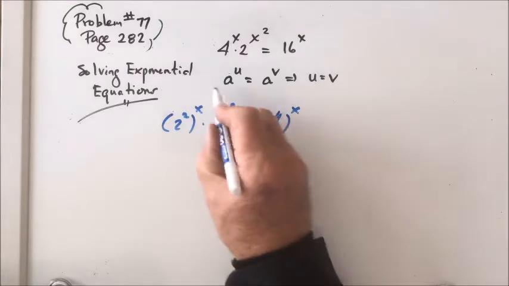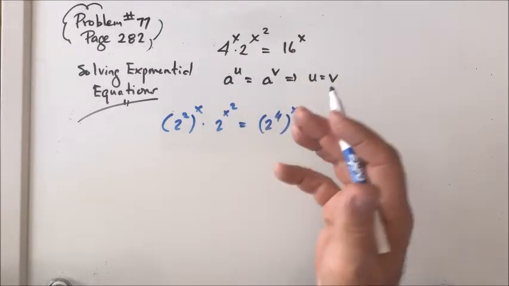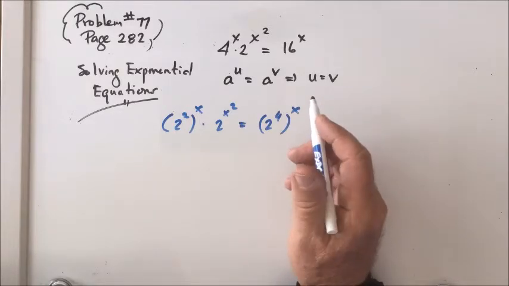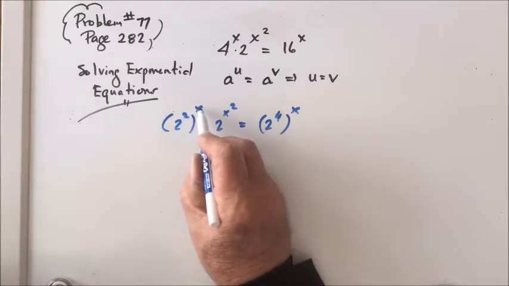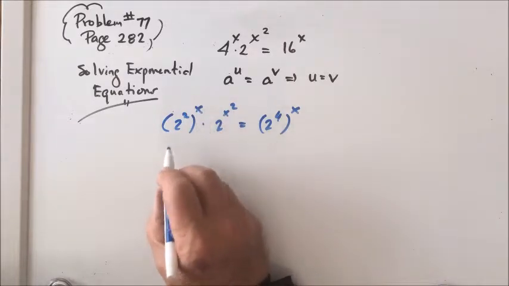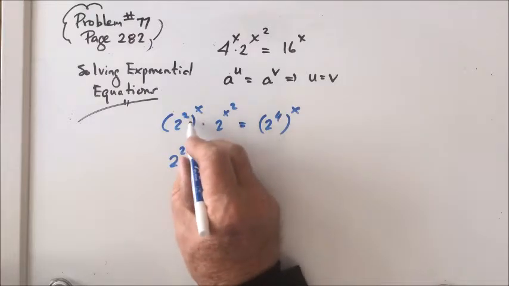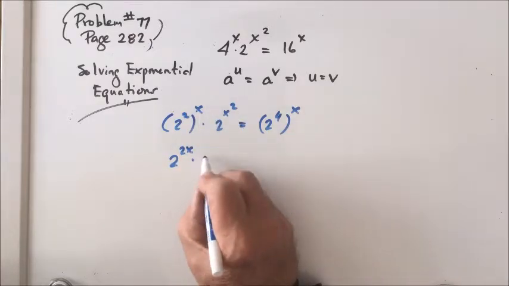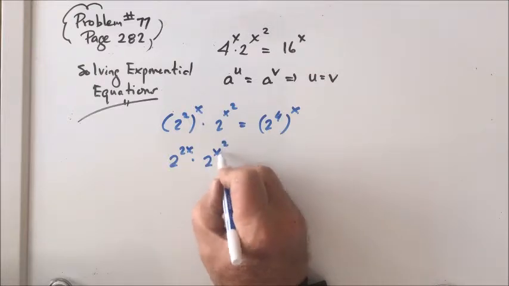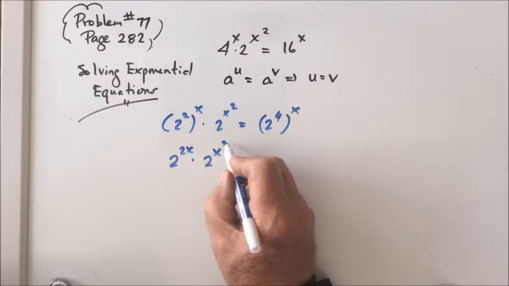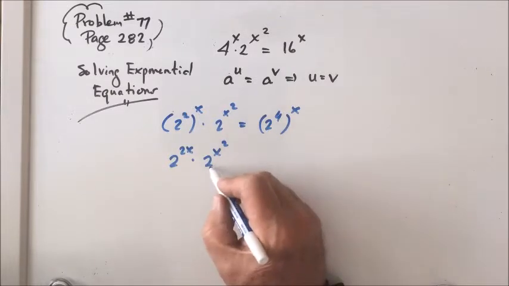Okay, I'm still not in this form right here. But if I apply some exponential arithmetic, I can get there, because 2 raised to the 2 in turn raised to the x power is 2 to the 2x. Multiply the exponents. Likewise, this is 2 to the x squared.